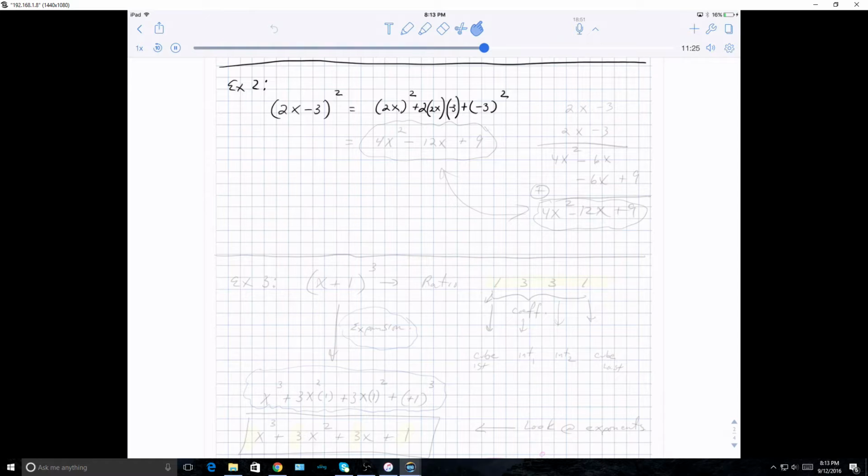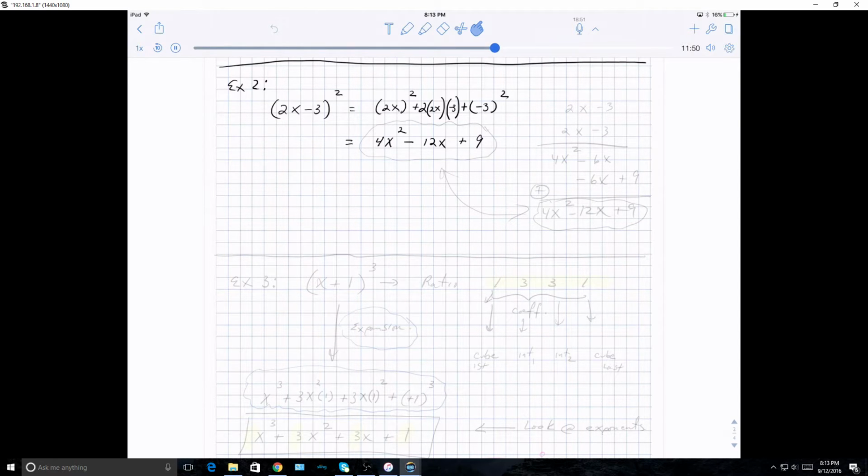So once we've done all the multiplication out, we can see that this is just going to be 4x squared minus, well, 2 times 2, 4 times 3, or 6 times 2 is 12x. And then notice that the last term, you're always going to have the addition, which is nice. So that just 3 times 3 is 9.